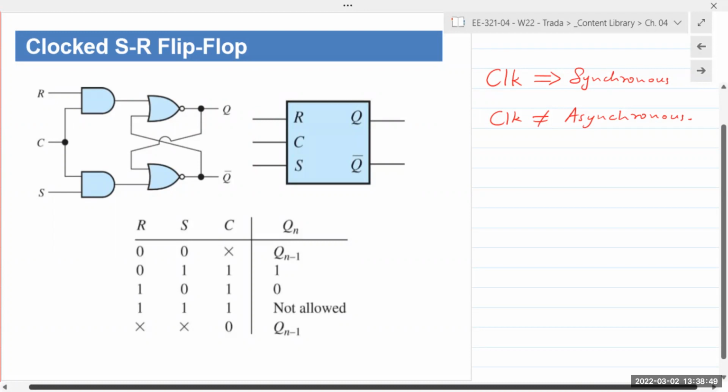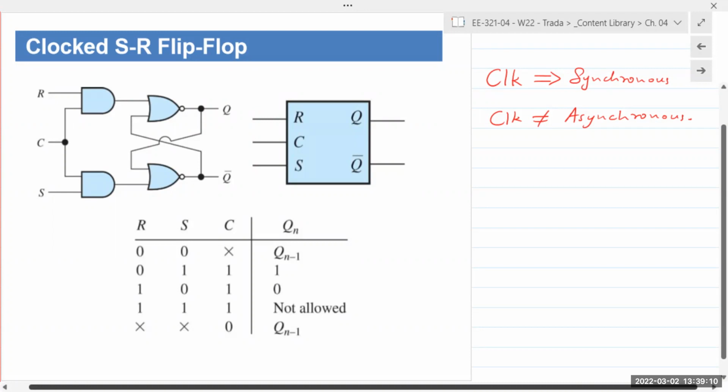The first one, where both inputs are 0, R and S are 0, are going into the AND gate. So if clock is 0 or clock is 1, it does not matter. Again, the AND gate outputs nothing, it's just basically 0.